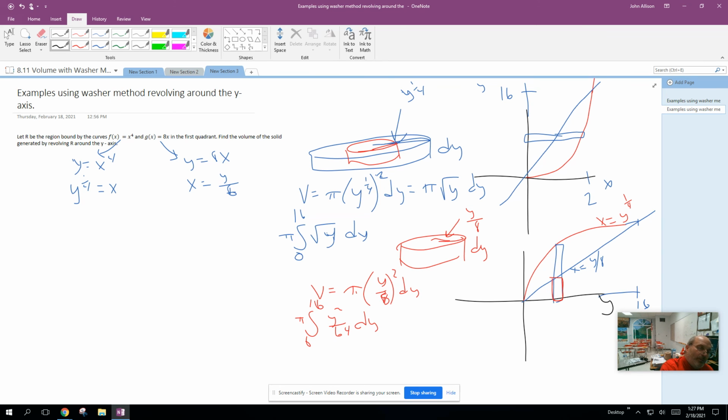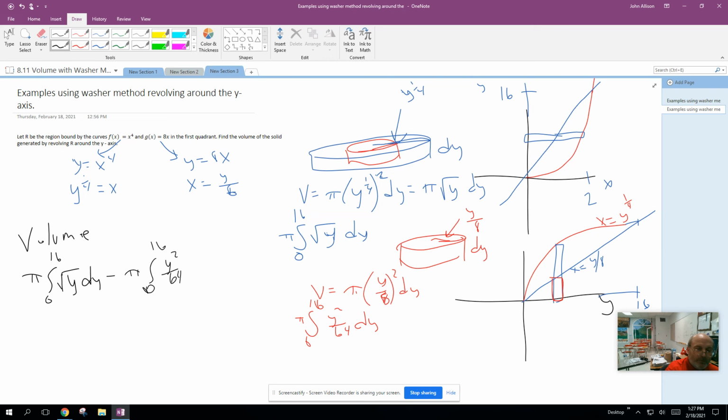And if I want the volume of the entire solid, I'm going to do the integral of the large outside solid minus the inside solid. So I'm going to do from 0 to 16 of the square root of y dy minus pi times the integral from 0 to 16 of y squared over 64.